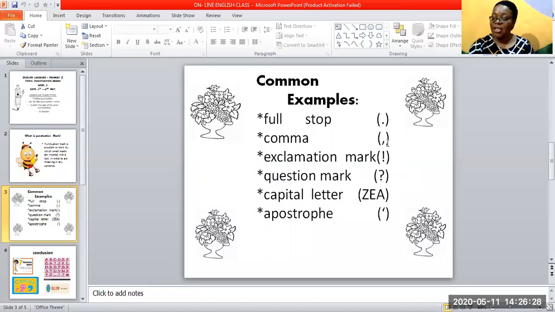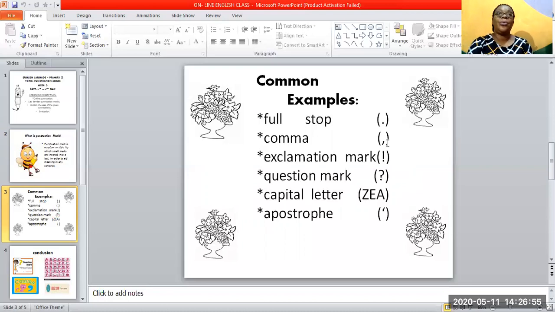It is not a dot, it is more like a slant sign. All right, so comma is used to show a pause, a slight stop.